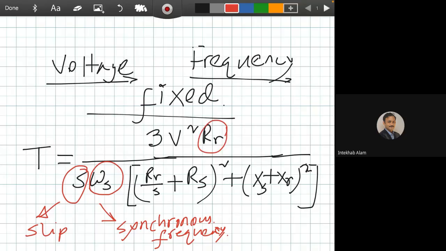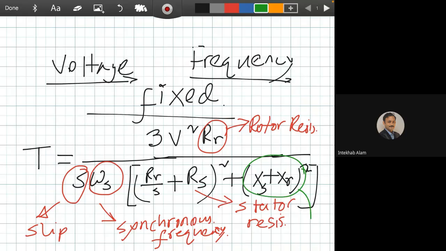This is called rotor resistance. And this is called reactance. XS means stator reactance, XR means rotor reactance. Do you have any question regarding this equation?